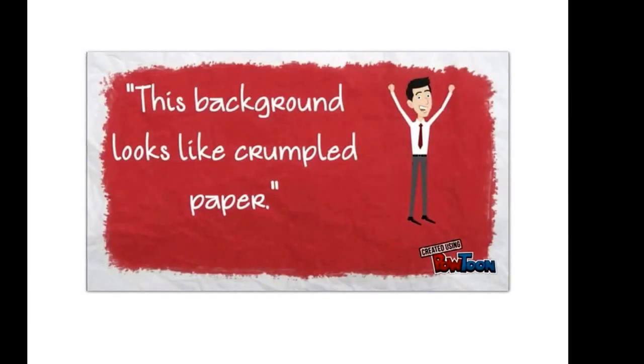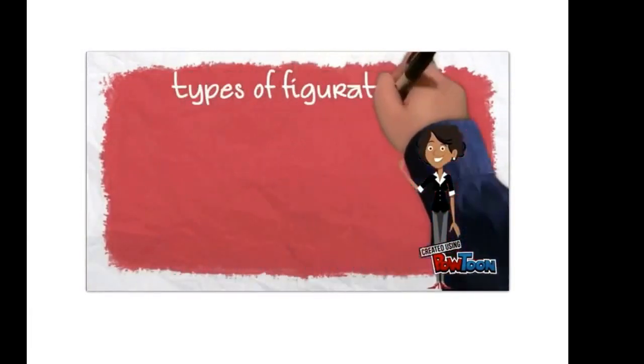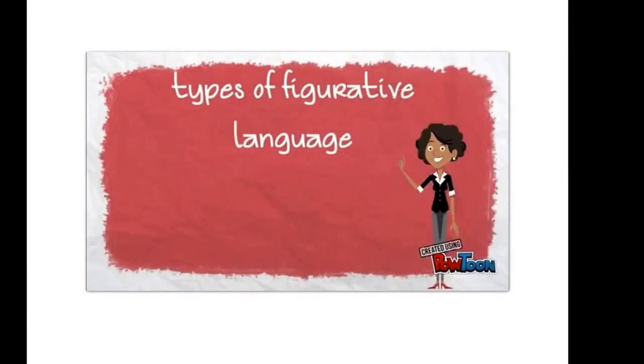In this example, the author is trying to use a simile to show you what the background of this video clip looks like. They use a simile using like to compare the background to a crumpled piece of paper. It's not really a crumpled piece of paper, it's just what it looks like. Remember, there are many types of figurative language. We covered a handful of them in class.